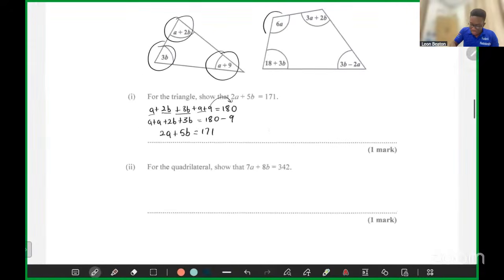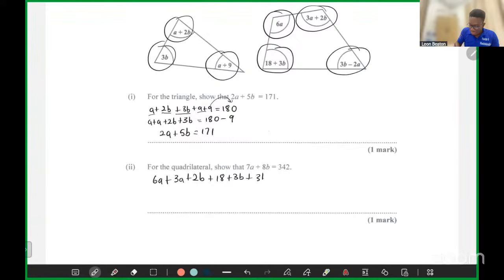So let me do that quick. So this will be 6A plus, and we add up 3A plus 2B. And then we add plus 18 plus 3B plus 3B minus 2A. And this will be equal to 360. All right, and we simplify this to get the thing that they want us to show.